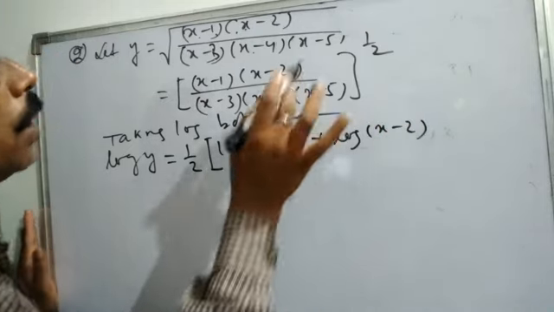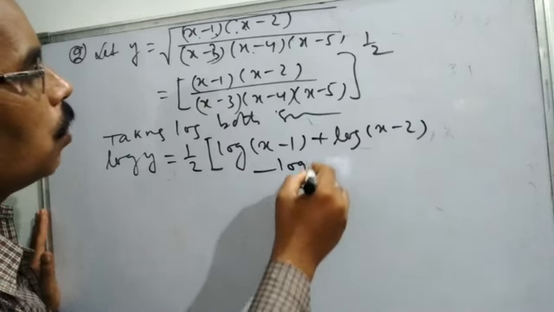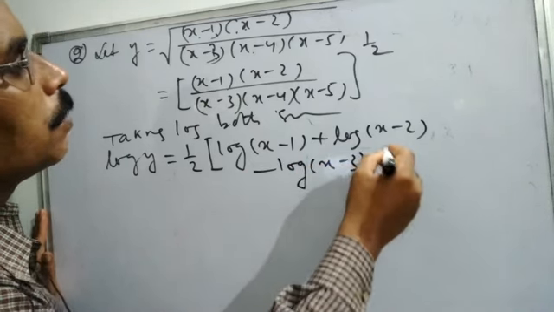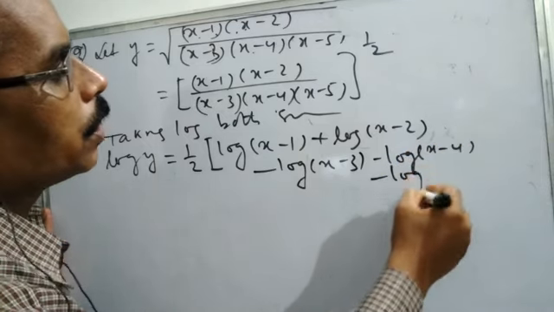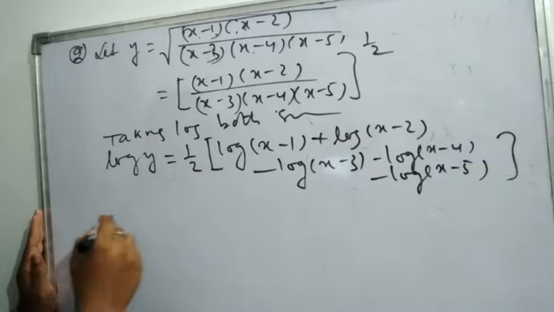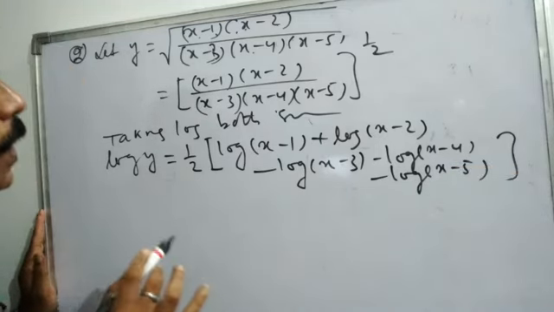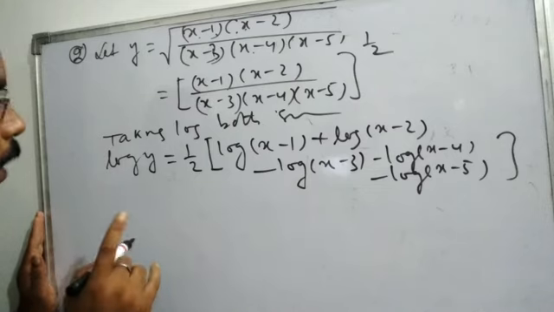But the rest of the three terms are division form, so it will be minus log (x minus 3) minus log (x minus 4) minus log (x minus 5). Now we have to differentiate this equation with respect to x.